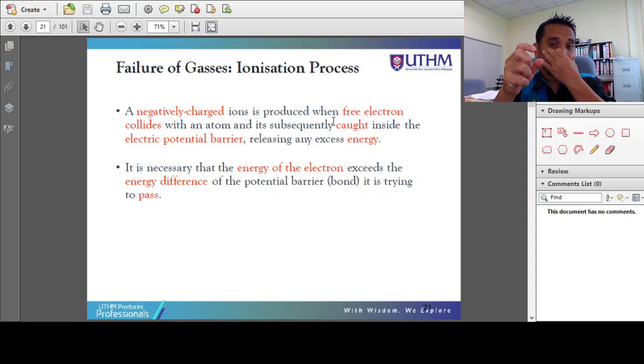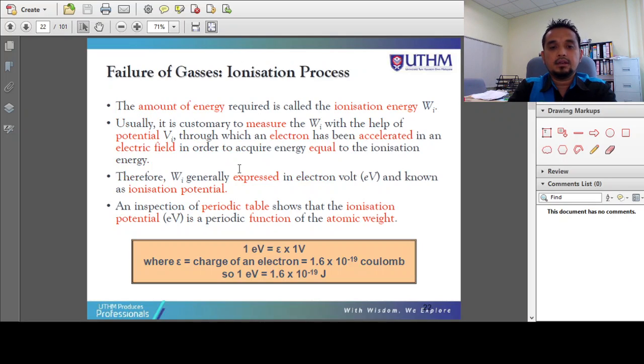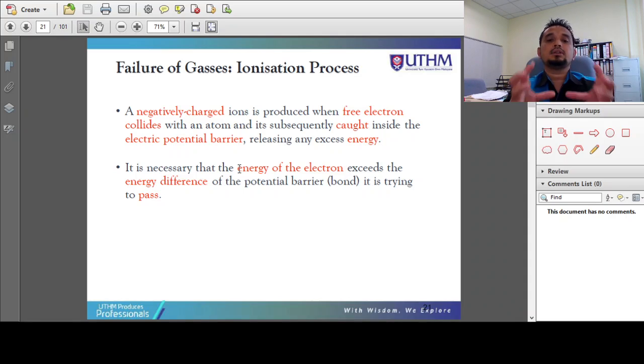It is basically, as I explained before, the removal or addition of an electron into a gas molecule. As you can read here, it is necessary that the energy of the electron exceed the energy difference of the potential barrier within the molecule.